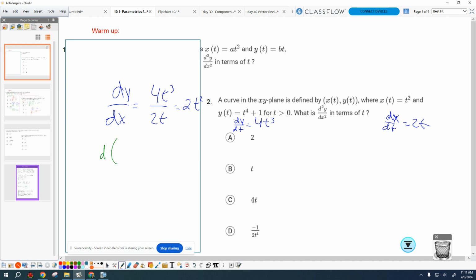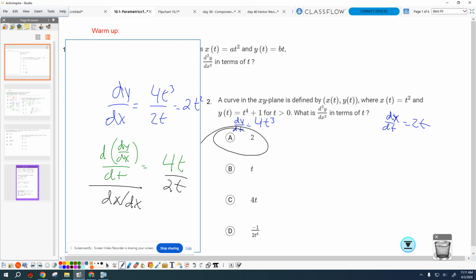Then, Lexi, what is the derivative of this stuff with respect to time? Multiply by the power, lower the power. And then we need to divide by dx dt again, which dx dt is 2t. So the answer is just 2.